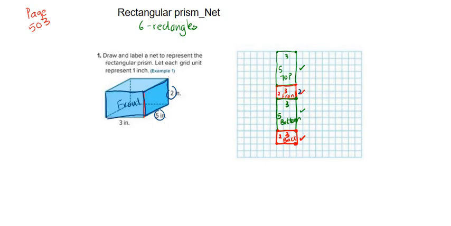This is 2 units, so the dimensions of the side rectangles are 2 by 5, so 1, 2, 3, 4, 5. So this is the right side, and then on the left side here is an identical rectangle to the right side. So if the right side is 2 by 5, then the left side will also be 2 by 5.